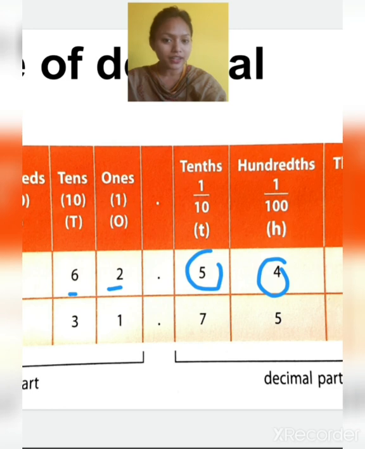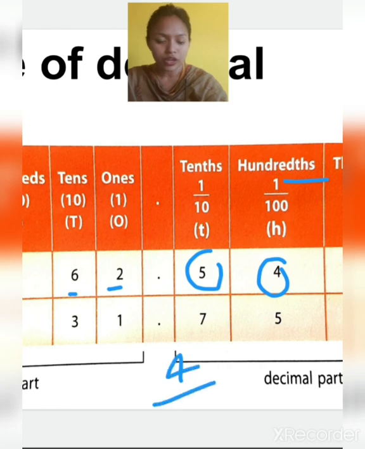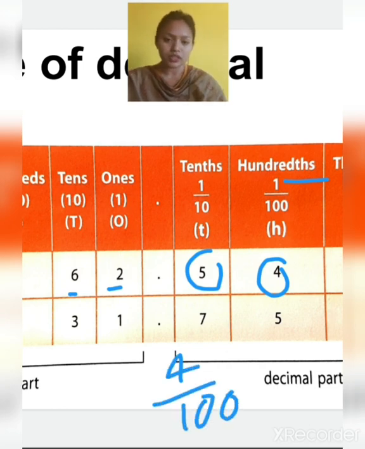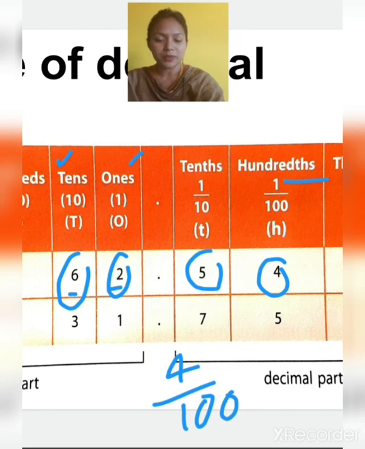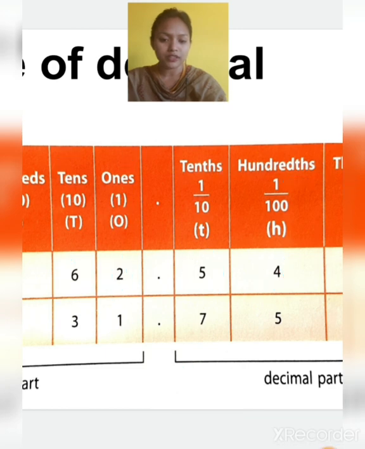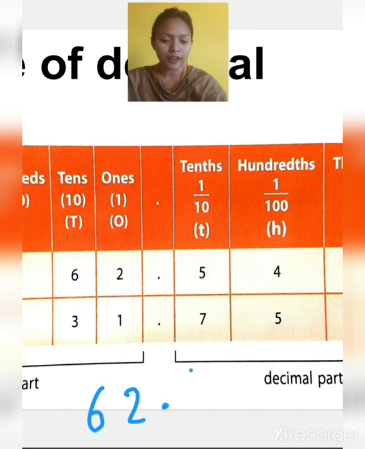If I ask you to write the position of this 4, you will write hundredth position, or we can say 4 upon 100. And 6 is on the tens place, 2 is on the ones place, 5 is on the tenth place, and 4 is on the hundredth place. So we can write this number as 62.54.